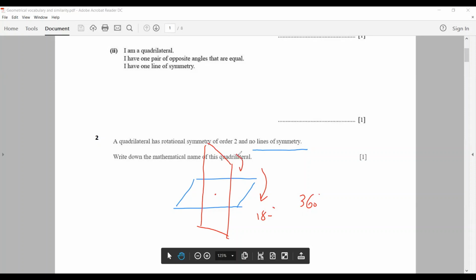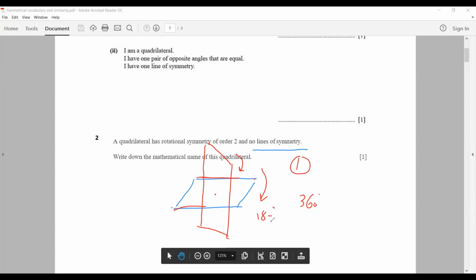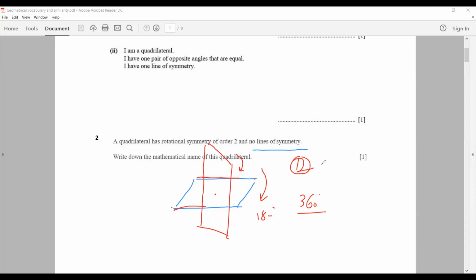And if you rotate it 90 degrees more, again, you get the same shape, right? So that is 1 time. And if you rotate it 180 degrees more, which is 360, then that is 2 rotational symmetry, right? The order is 2. So that's it. The answer is a parallelogram.